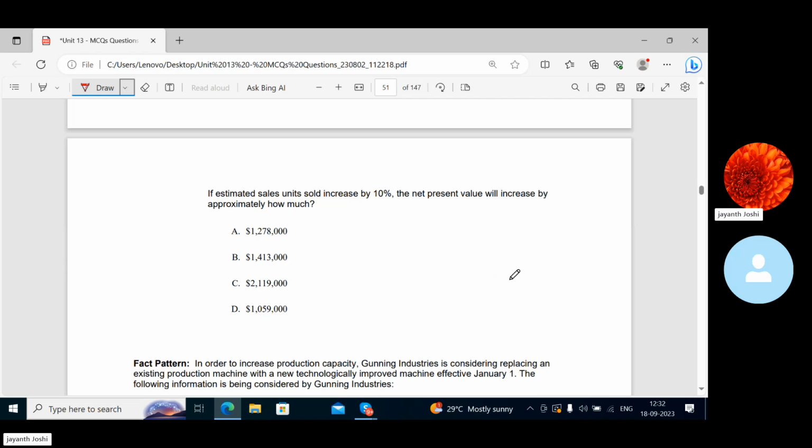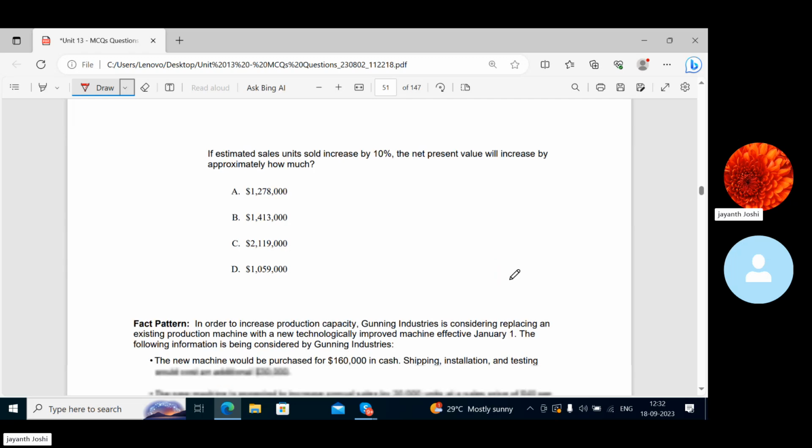So this kind of question, you have to first find out the NPV before change, and then you have to find out the NPV after change, and then you have to see the difference in that, right? Shall we do this? It's a good question. It's a big question. I'm solving this. Please try to understand.